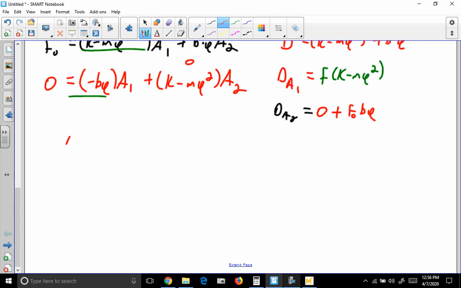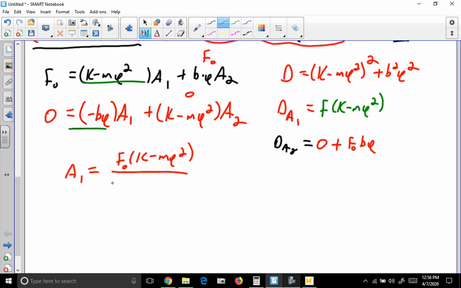So that means our A1 is going to be F0 times k minus m gamma squared over the original determinant, which is k minus m gamma squared squared plus b squared gamma squared. So that's A1.